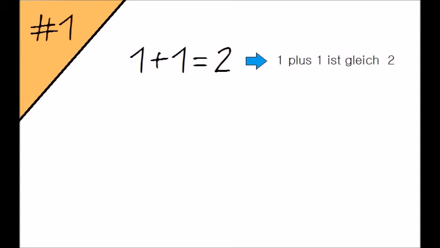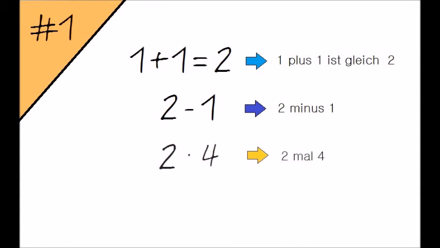You can say ist gleich, or you can say either ist or gleich. 2 minus 1. 2 mal 4. 9 durch 3. We occasionally write x as a symbol of multiplication, but the official symbol is just a dot. You also might know a symbol of division with a line in between, but in Germany we usually just use a colon.